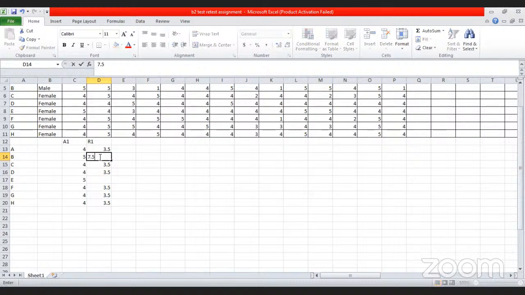It's not clear. Okay, listen. We have to do the ranking on the basis of their score. Is it clear? We have to do the ranking on the basis of the score. So the score that is lowest will get rank 1.